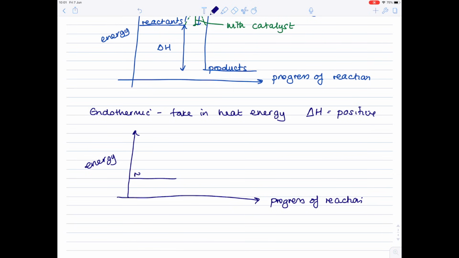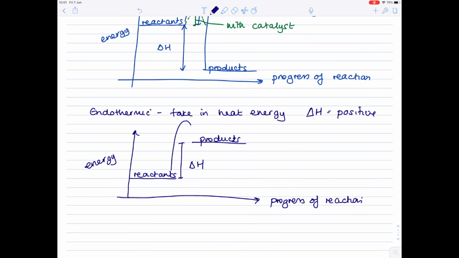The reactants again come first, but because delta H is positive, it means that the products need to be at higher energy. So the difference between their two energies again is delta H, so enthalpy change.